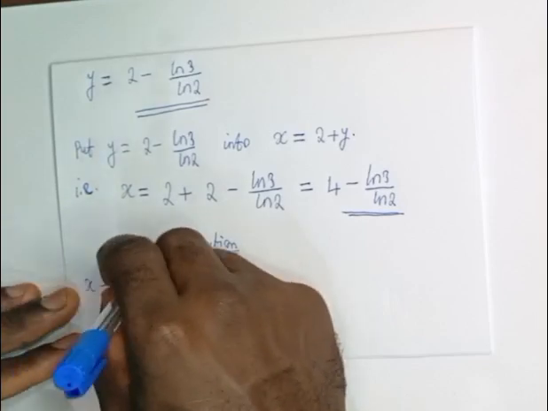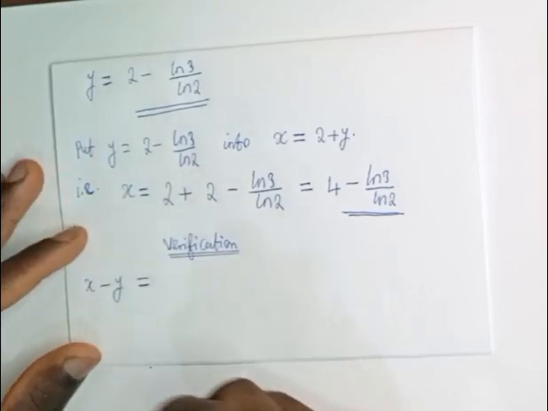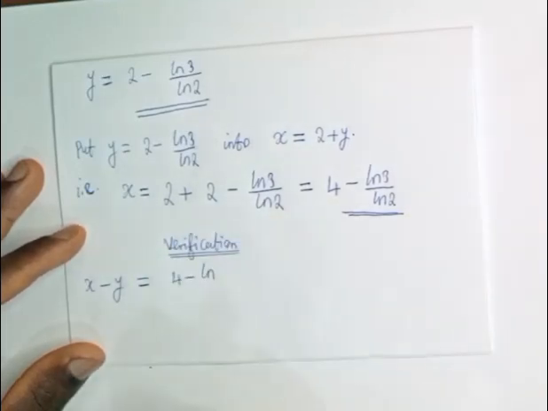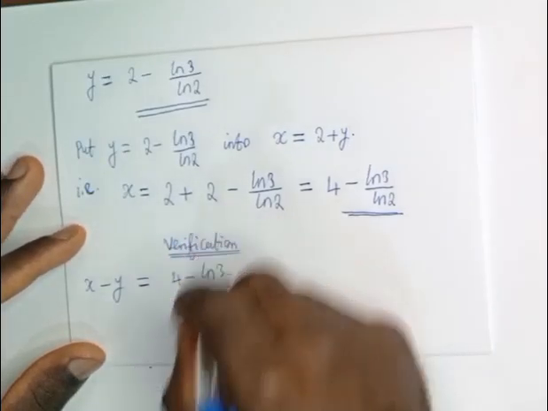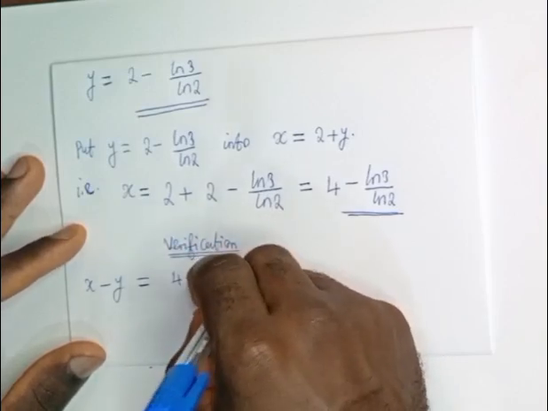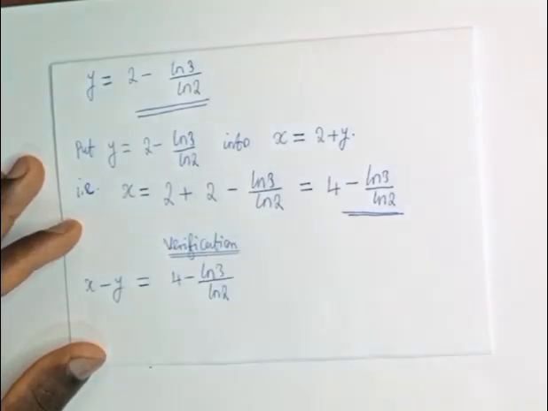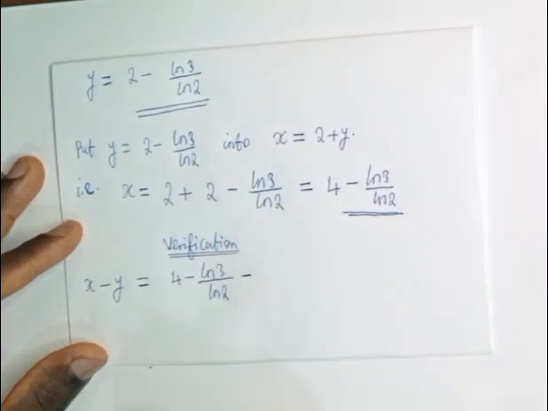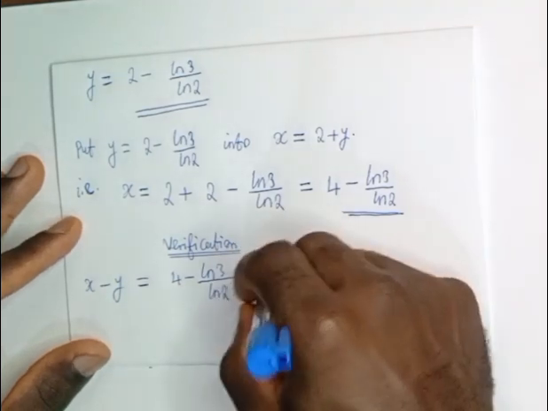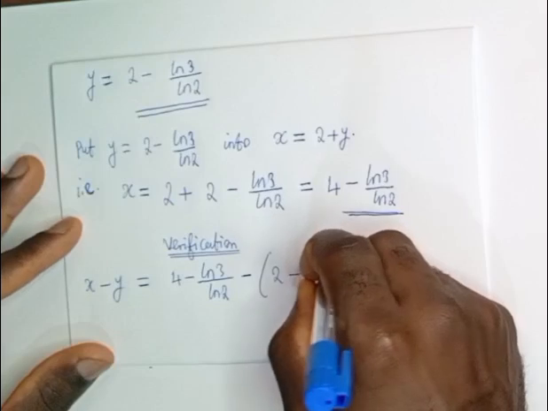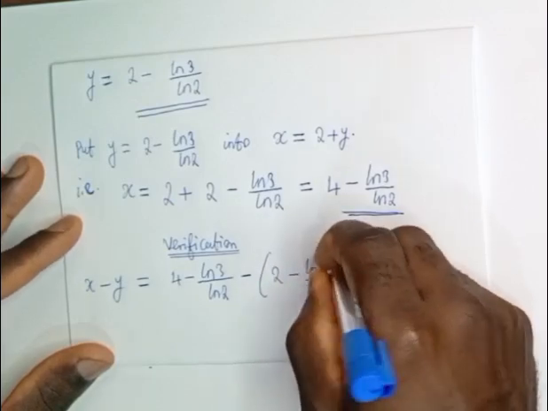X minus y is simply equal to, the value of x is 4 minus ln 3 on ln 2 minus the value of y, which is 2 minus ln 3 on ln 2.